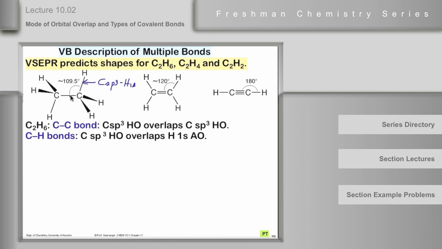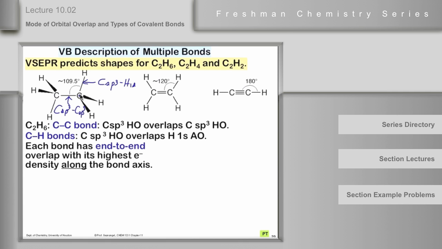The other kind of bond is the carbon-carbon bond right there, and the carbon-carbon bond uses sp3 hybrids on both carbons, and so that would be carbon sp3, carbon sp3. So once you pick the hybrid, writing down the bond descriptions is pretty easy.